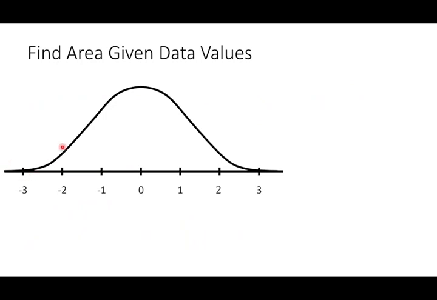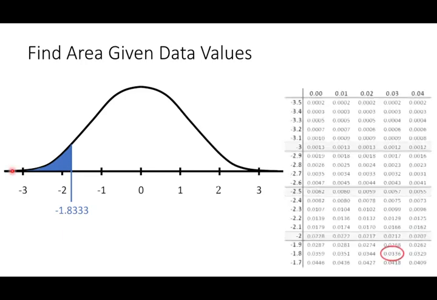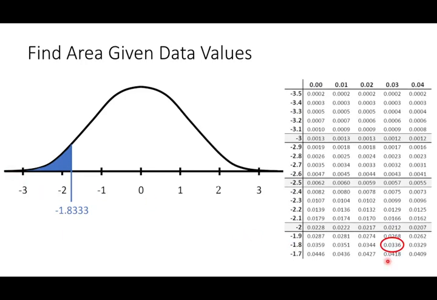And then we would still draw the normal curve, but instead of the actual data values, we're just going to put z-scores, 3 to the left and 3 to the right. Put the z-score of interest that you just calculated on there, and we want to know the left side, and we would look that up on a z-table. So negative 1.833 is here, so that's the area to the left of that z-score, which is what we were trying to find.